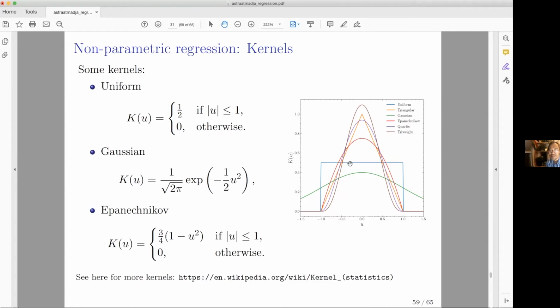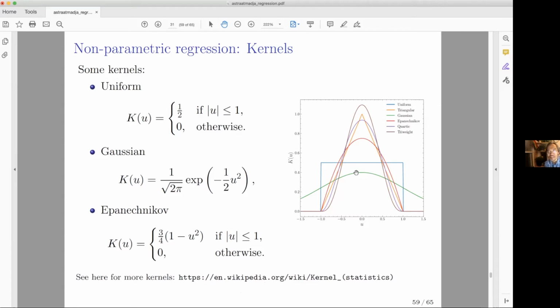There's also a uniform kernel, where the weights are uniform within the bandwidth but zero everywhere else. There's a Gaussian kernel, which is non-zero everywhere, and a lot more. You can look at this page to see what kernels are out there, and there are a lot more beyond the page.